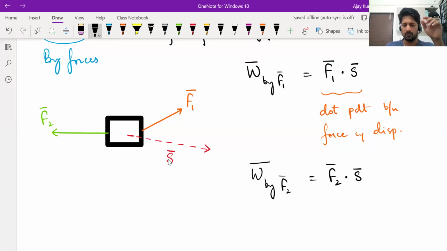Can one of you tell me what S here stands for? Displacement, sir. Displacement of the block. So you are saying displacement of the object. Okay, fine.